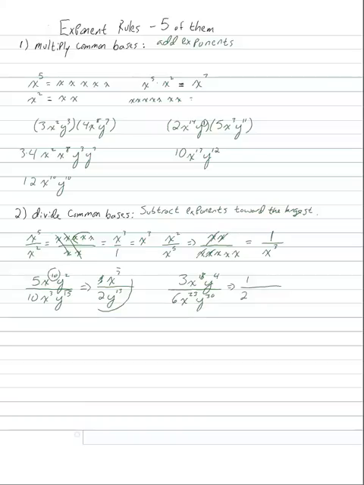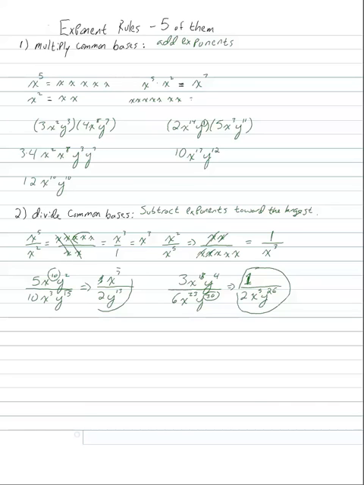Larger exponents on the bottom, so I'm going to subtract and get x to the 5 on the bottom. Y to the 4 over y to the 30th, larger exponents on the bottom, so I'm going to subtract and get y to the 26 on the bottom. This time I really do need that 1 there on top, so I'm going to keep it and have 1 over 2 x to the 5th, y to the 26.